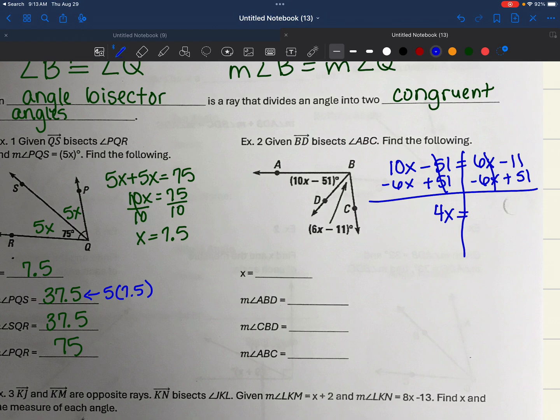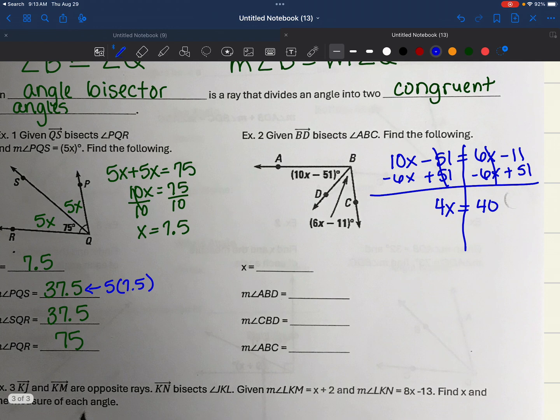Okay, and what are you left with? 40. Okay. Last step. Good. So we have our first value. X is equal to 10.